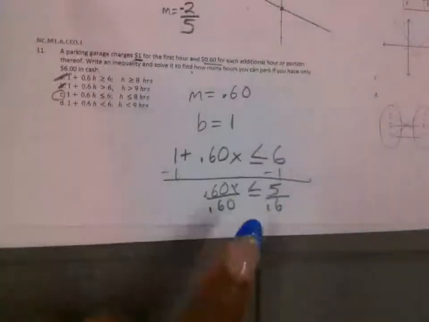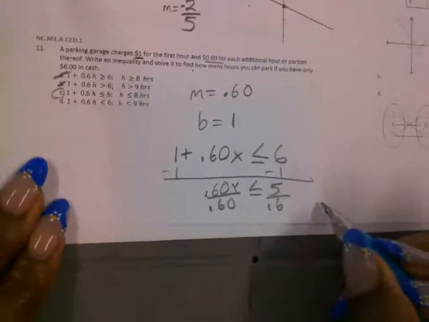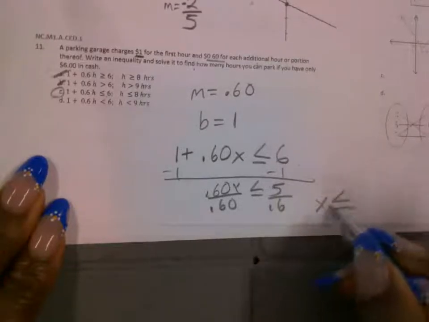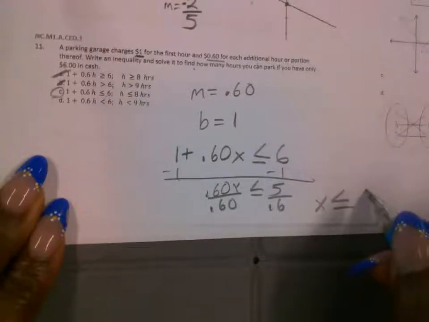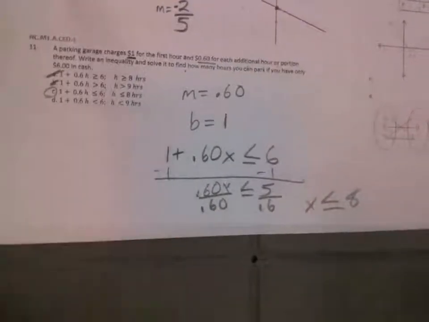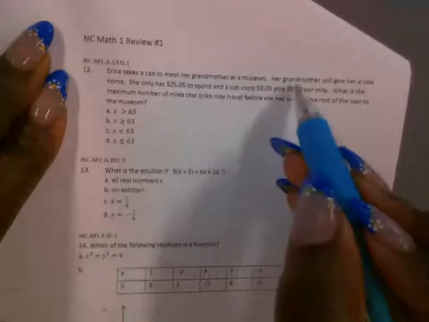And that gives us about 8 hours and some change. So x has to be less than or equal to 8 hours. All right, so that's about right. So it's C.